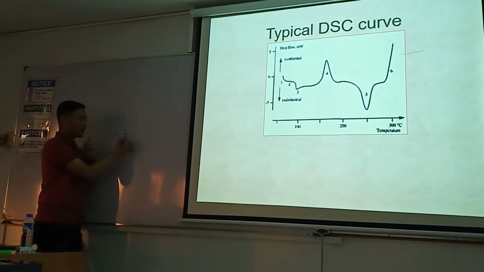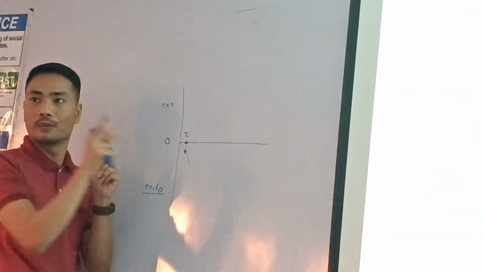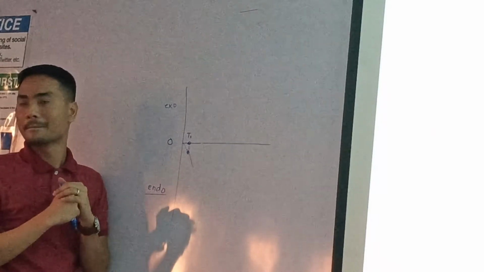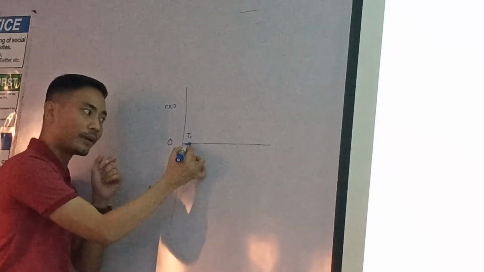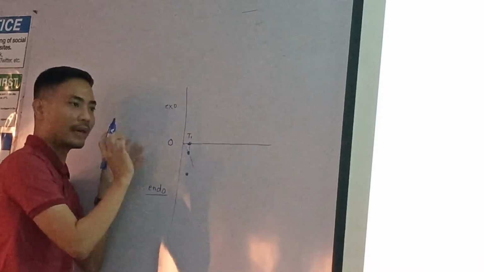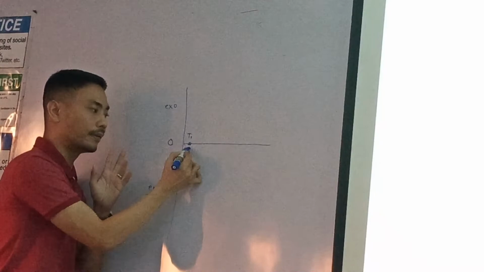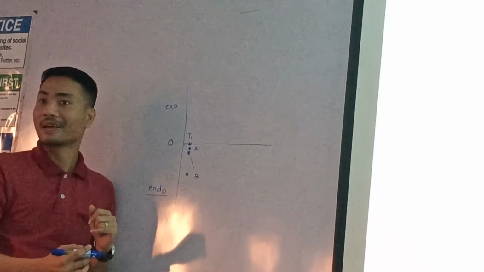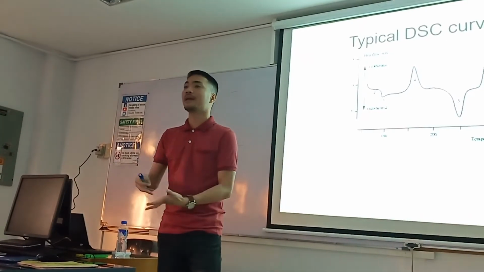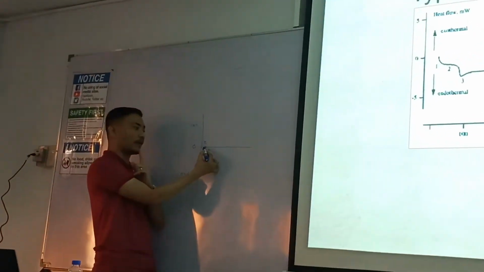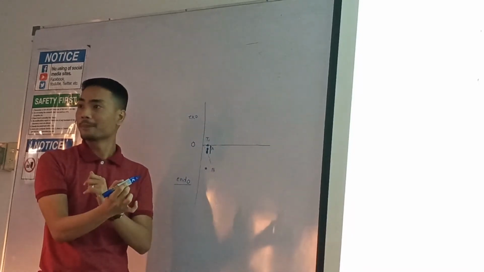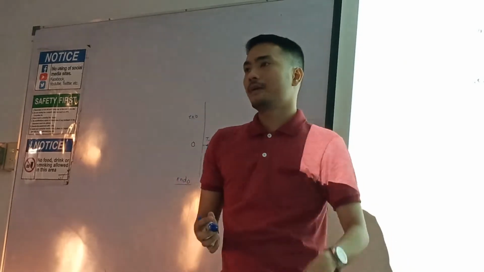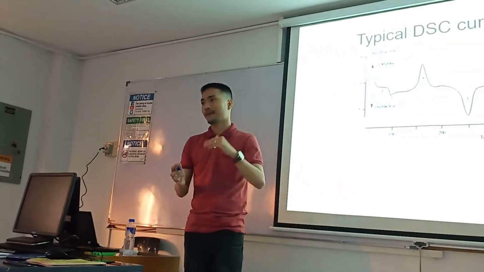If this is the generated data for a setup with just one sample, what if we have two samples? It's no longer zero, right? But where is your point? Here or here? A or B? A, right? Because we know that at a particular temperature, only a little heat is absorbed by the smaller sample, while the larger sample absorbs more heat. So where is the difference now? Earlier, this was the difference. Now, it's only this. So when that is projected onto the generated data, we will see that the peaking is smaller.